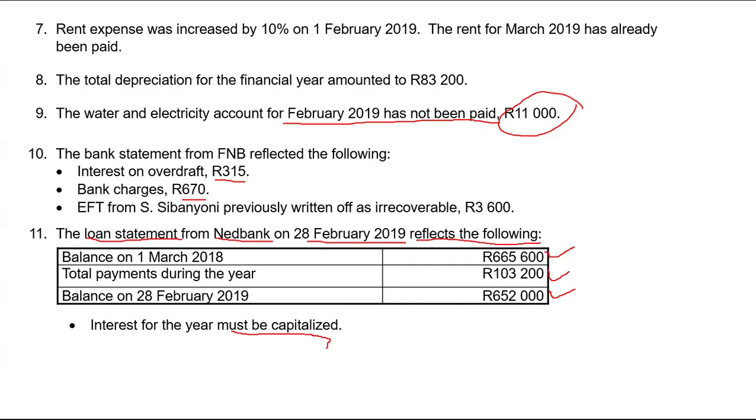To record our interest, you have to draw a table. I hope you remember the table. You start with the balance at the beginning of the year. If you have any additional loans, you'll put them there, and then you'll have your repayments. You'll also have your interest, which we didn't have, and then they give you the balance at the end.